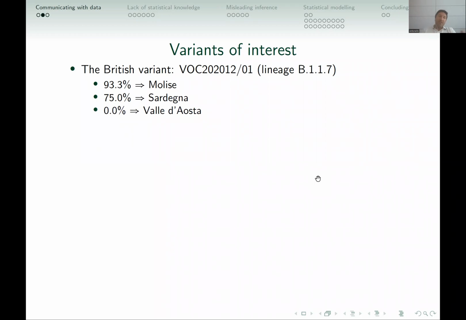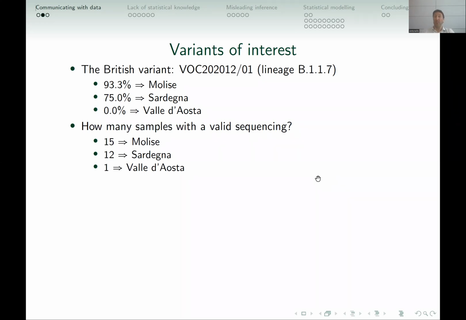Why am I saying that communicating numbers, also with percentages, may be quite risky? Because of course, again, it depends on the number of samples that we have analyzed. In Valle d'Aosta, for example, the flash survey considered just one sample. So if we were lucky, no British variant at all.